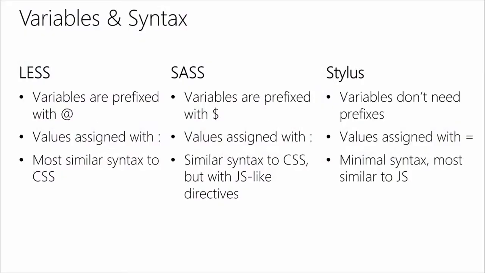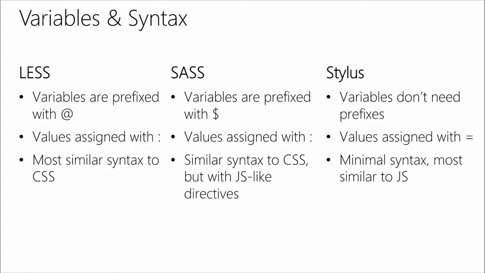So let's start by talking about variables and syntax. As we said before, basically CSS preprocessors are just the same language with different syntax, right? So why not talk about syntax? For the most part, the syntax is very similar to CSS syntax, with the exception of Stylus.